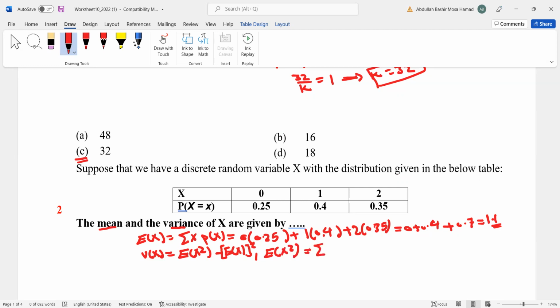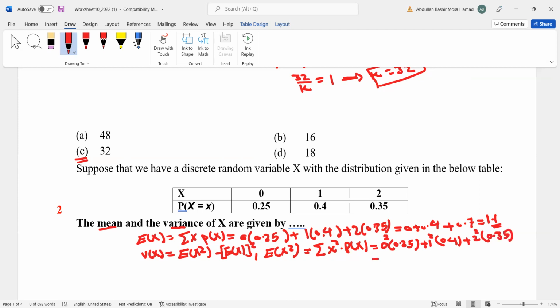So it's the summation of x squared multiplied by p of x: 0 squared multiplied by 0.25 plus 1 squared multiplied by 0.4 plus 2 squared, which is 4, multiplied by 0.35.